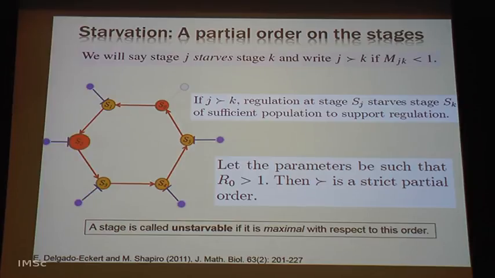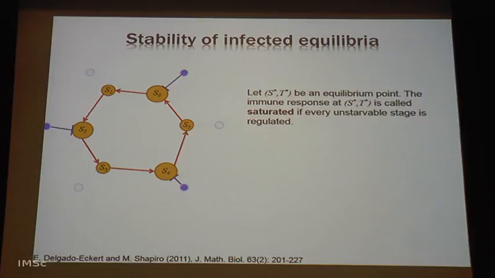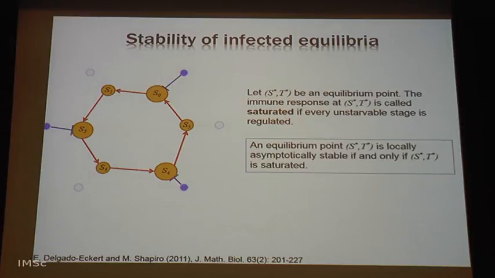And so the main result of this analysis was to see that if we look at an equilibrium and it turns out that every unstarvable stage is regulated, then we will call that equilibrium saturated. And what we found in the mathematical analysis was that an equilibrium point is locally asymptotically stable if and only if it is saturated.